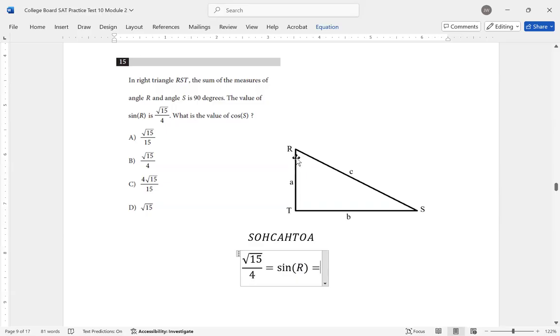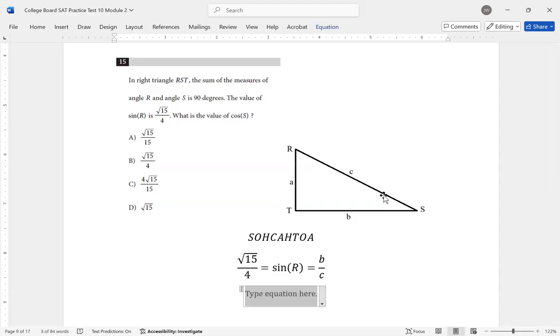Sine of R, this angle here, is going to be the side opposite of it divided by the hypotenuse. So it's going to be the ratio B over C in SOHCAHTOA. So opposite over hypotenuse.